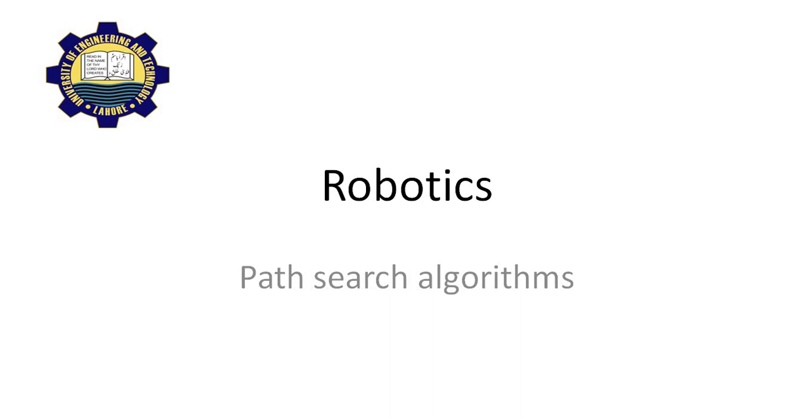One of the disadvantages of the grid search or the graph search algorithms is that they are computationally expensive. What does this mean? This means that they need a grid or the graph to work to find a shortest path. But what if the dimension of the grid is too big?